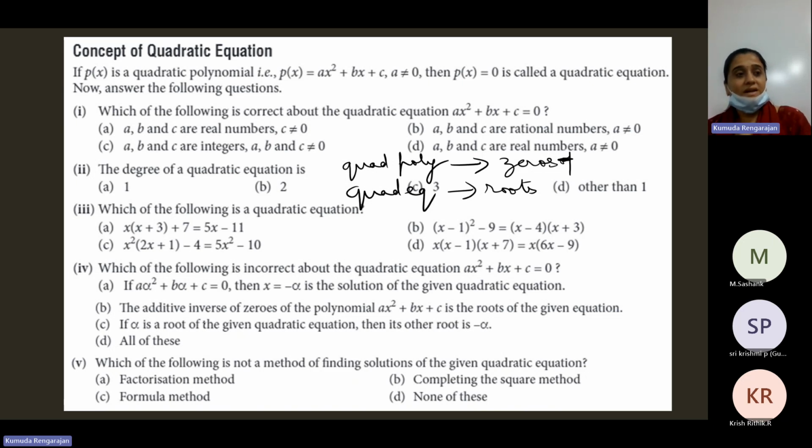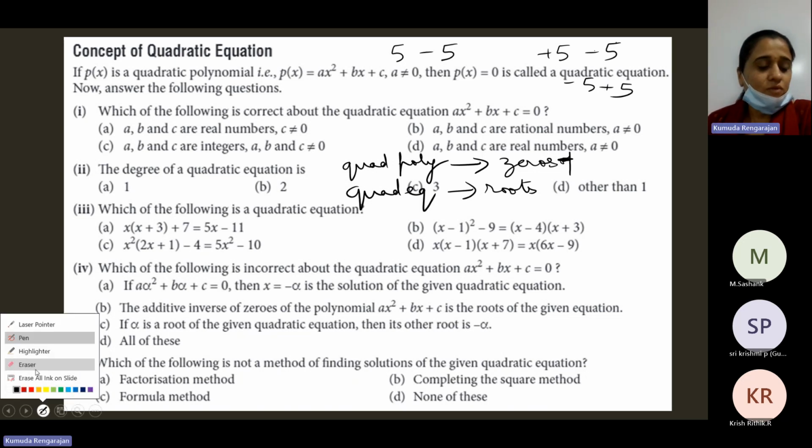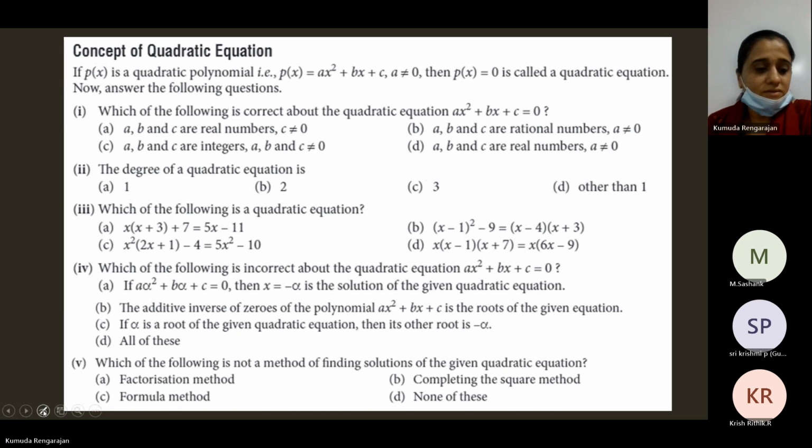But what they are saying is additive inverse, meaning negative. Additive inverse is the negative of a number. The additive inverse of 5 is minus 5. Minus 5 is plus 5. Okay. No, it's false because the values don't change.